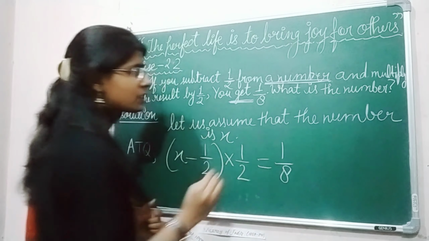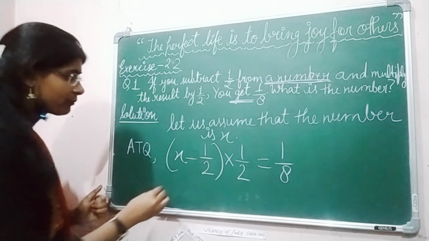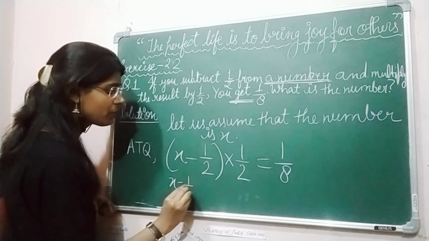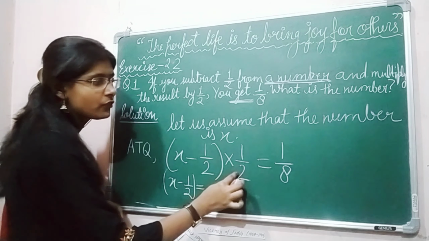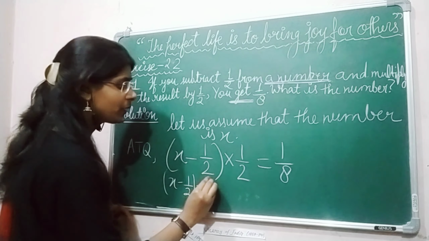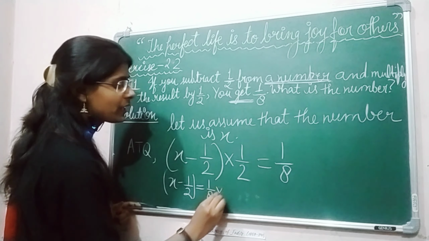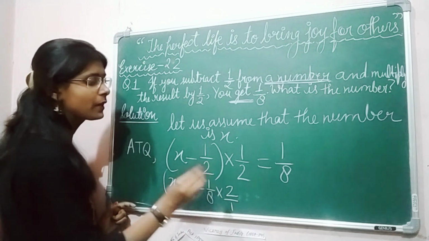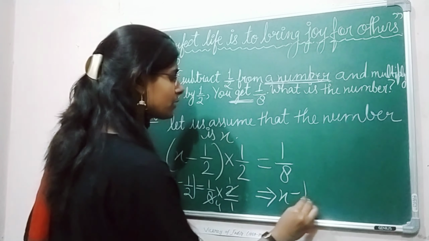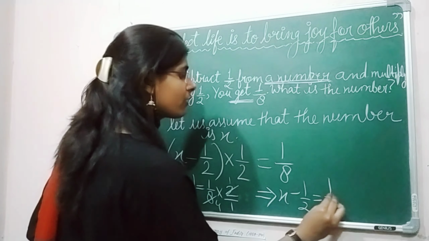Now just a simple thing. Solve the equation. You will get x minus 1 upon 2 is equal to, see this, when you are transferring this 2 on that side, you would be getting 1 upon 8 multiplied by 2, right? Or you could write it as 2 by 1. So 2 1s are 2, 2 4s are 8. Now in the next step, you will get x minus 1 by 2 is equal to 1 by 4.